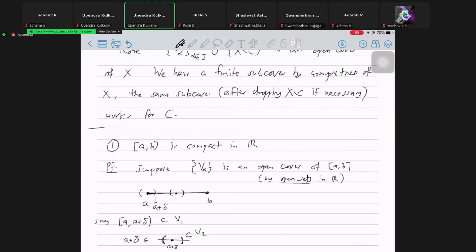I have gone a little further. So maybe I call this delta 1, and this one is A plus delta 2. So I have now covered everything from A to A plus delta 2 using V1 and V2.